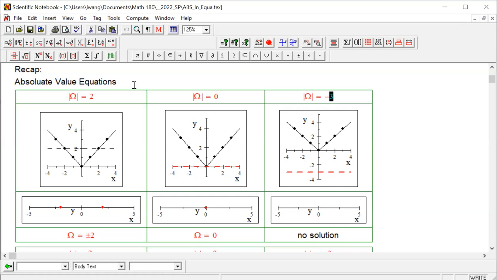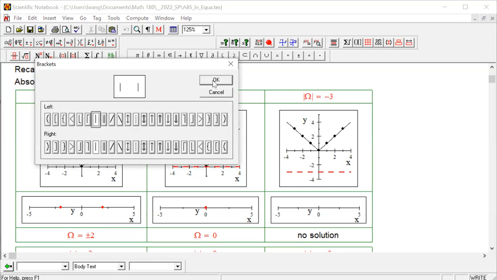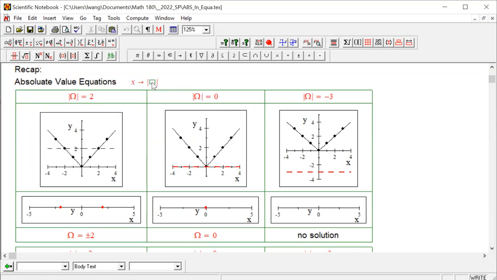We understand equations are if statements. In this case, we have an input, which could be x, or whatever is inside the absolute value.